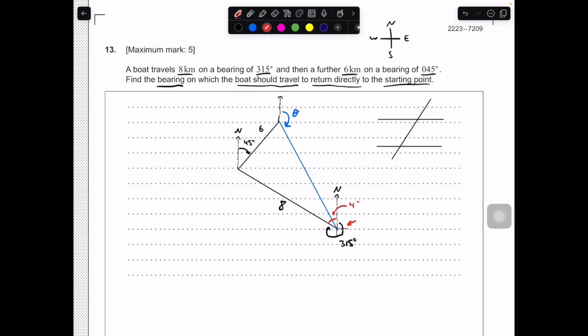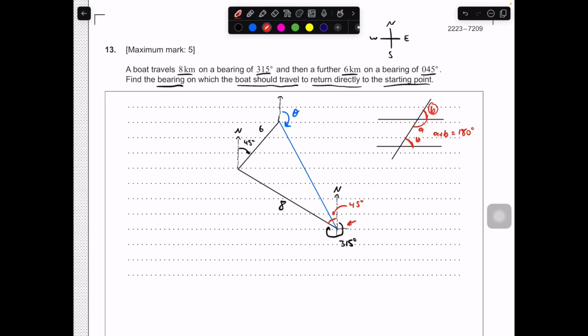We know that this is 45 degrees. 45 plus 315 makes a whole. And if we know, for example, this is A and this is B, we know that A plus B, these two co-interior angles, equal 180 degrees. Just a kind of insight into that. If this is B and this is A, they make 180, so A plus B is equal to 180.